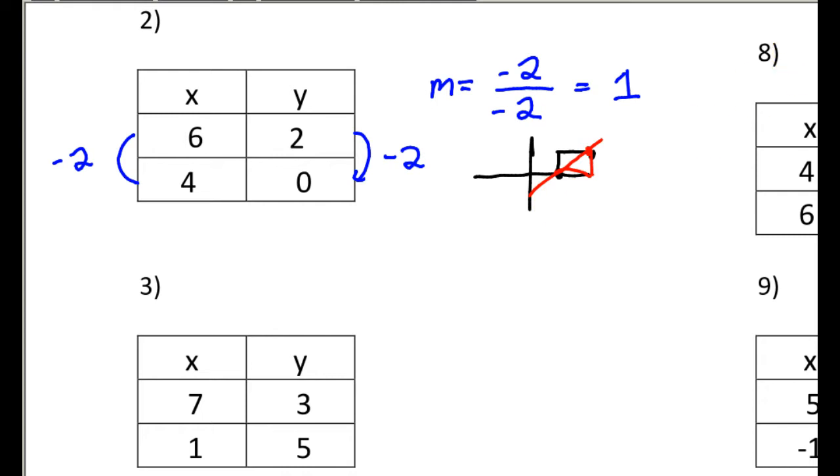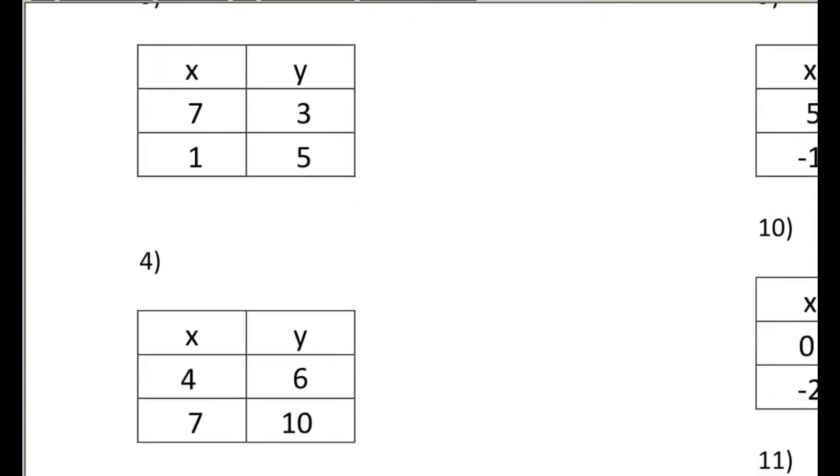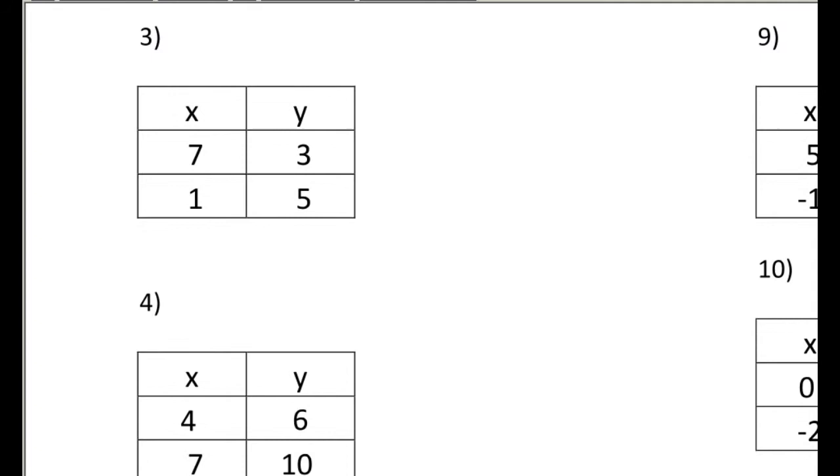All right, you guys try number 3. How far is it from the x's? How far is it from the y's? And then make sure, if you can, reduce the answer all the way.